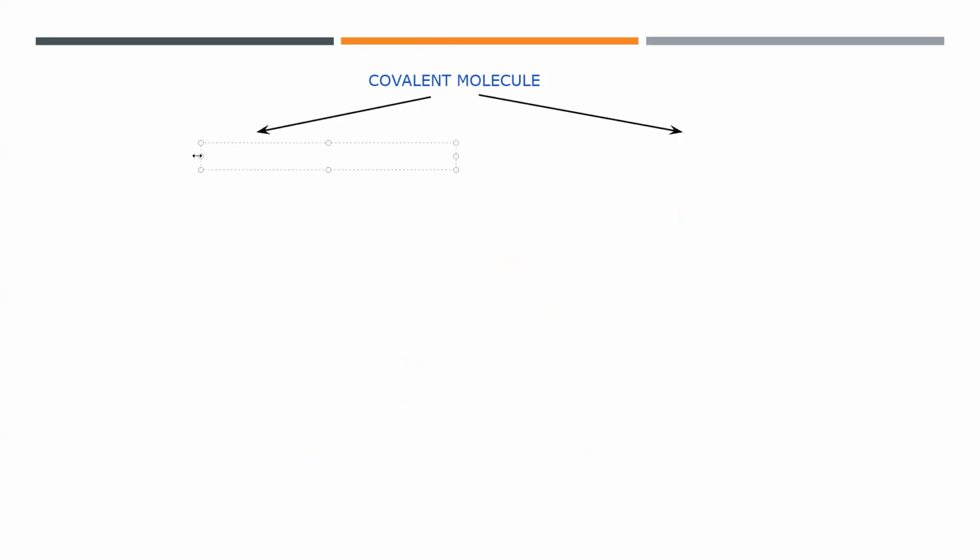So a covalent molecule can be a polar covalent molecule. What is the meaning of polar covalent molecule? Polar covalent molecule means it is affected by electric field.